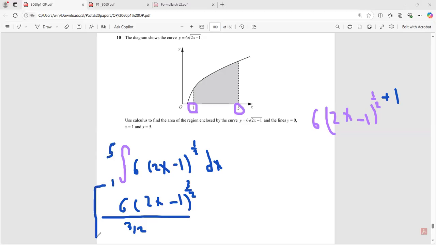So I'm going to enclose it by a bracket like this, with 5 at the top and 1 at the bottom. Then it is equal to 2 out of 3, flipping the denominator, multiplied by 6.